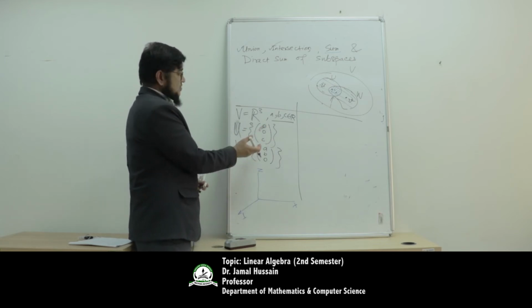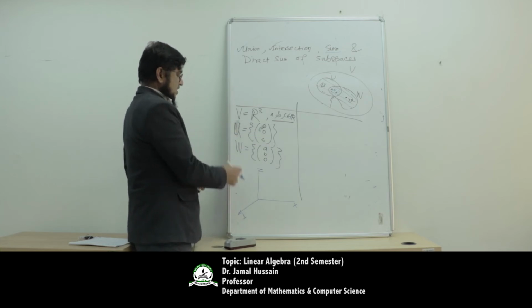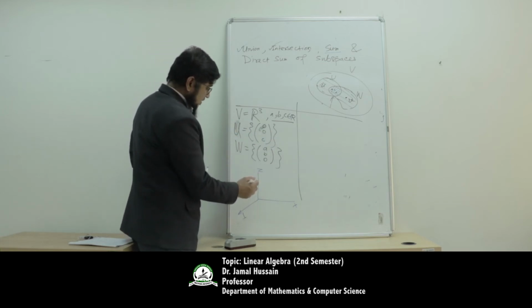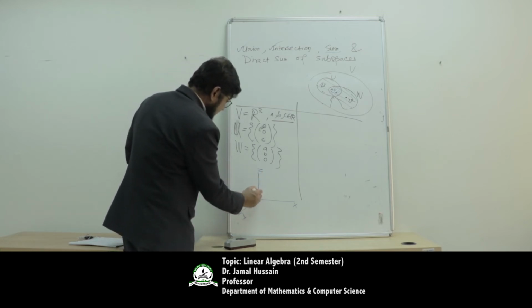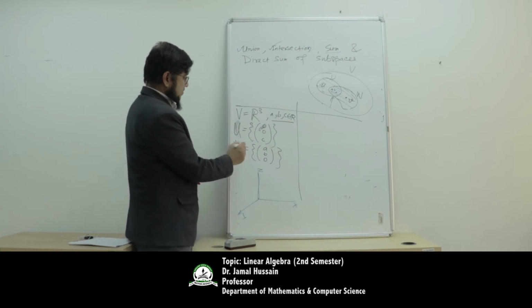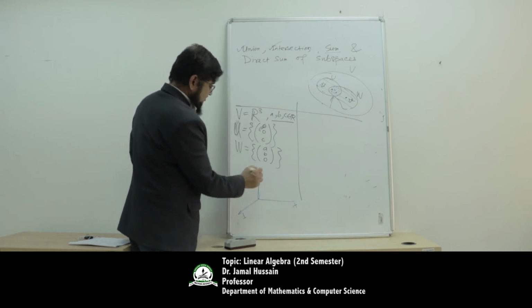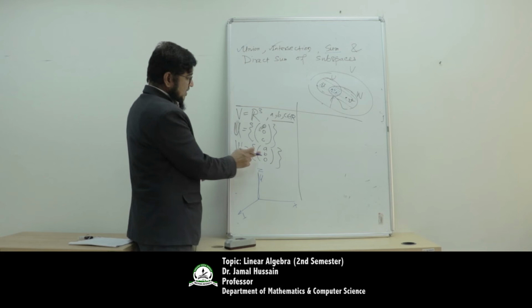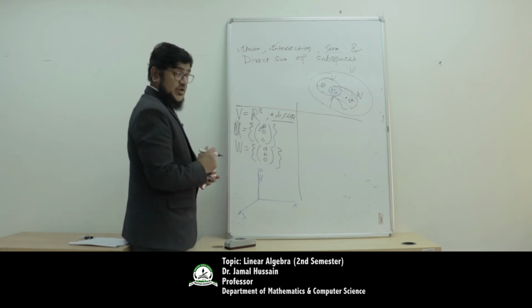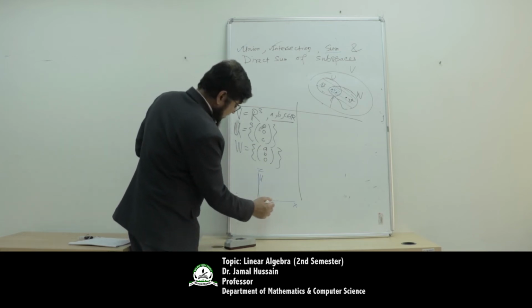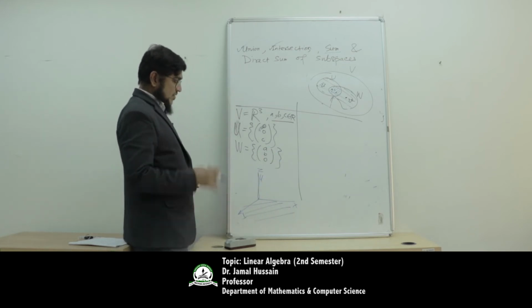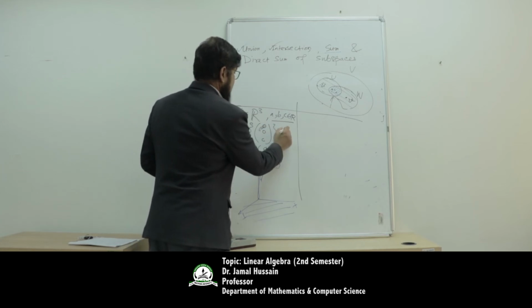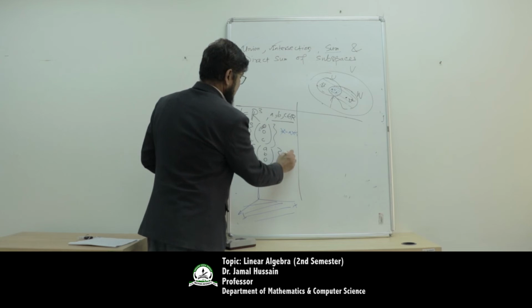C can be any number, so it includes all real numbers. So this is nothing but the z axis. This thing is U. And what is W? It has x and y components, so it is nothing but the xy plane.